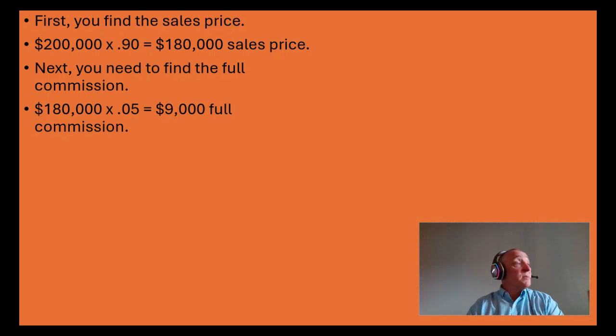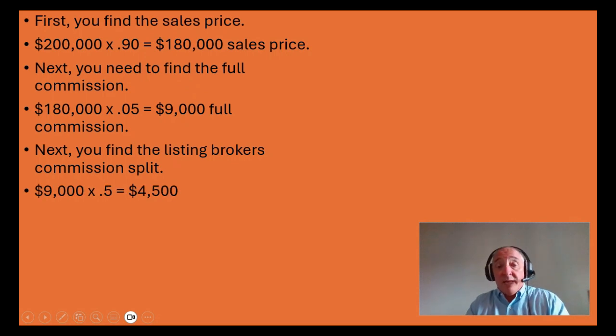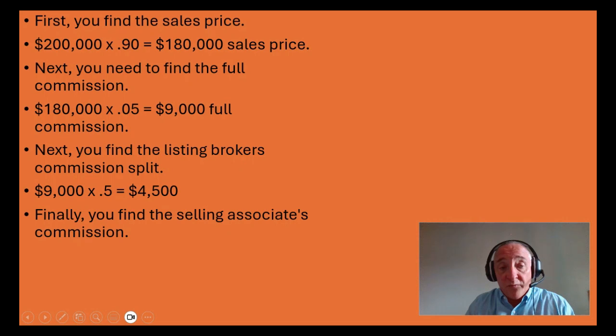Next, let's look at how it's going to be split. You're going to try to find the listing broker's commission split. Remember, the $9,000 multiplied by 50%, because that was the split, is $4,500.